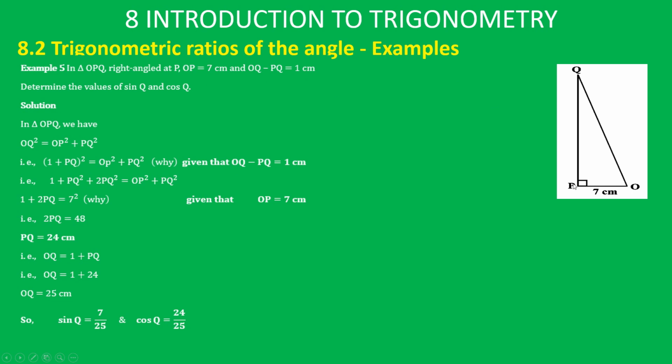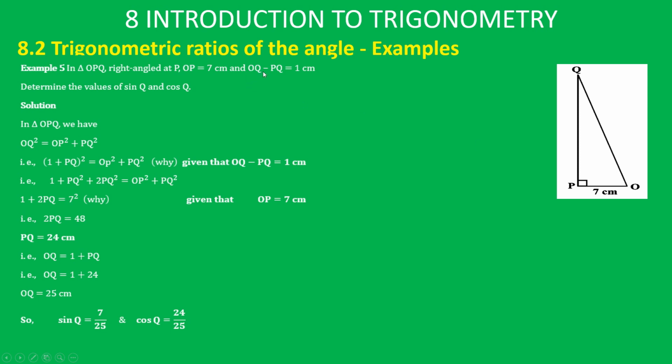In triangle OPQ, right angled at P, OP is equal to 7 cm, it is given, and a relation between OQ and PQ is given.